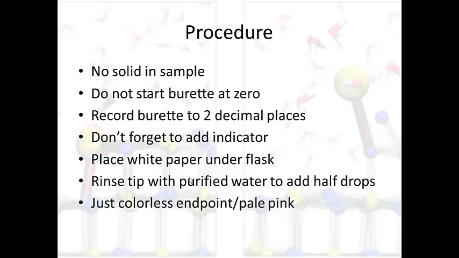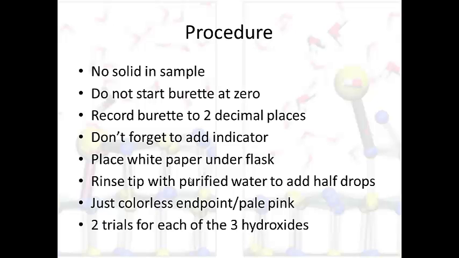That's when you will measure your final burette reading. So you read your burette from the start. That's your initial burette reading. You dispense until that pink color is just pale, pale pink or just turned colorless, and you record your final reading. That is your volume of acid added, so that the moles of acid added equal the moles of hydroxide that were dissolved in your solution.